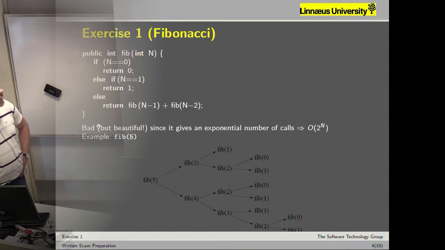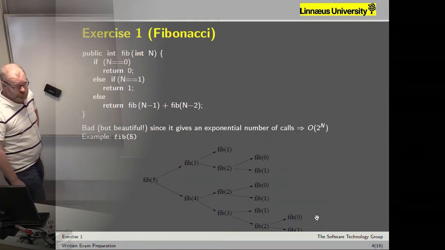It will formally explode. For example, here I'm not sure whether you can see it, but I show the calls that are made when we are computing the 5th Fibonacci number. It will call Fibonacci 3 and 4, 4 will call 2 and 3, it will explode.